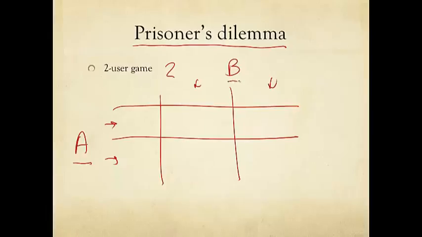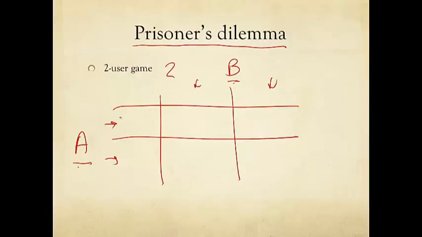Players A and B are suspects of a crime, and the police are going to investigate this crime and examine both of them individually. So they are going to know the entries in this table later on, but they cannot communicate because they are being questioned separately. Let's say they have two choices to make.